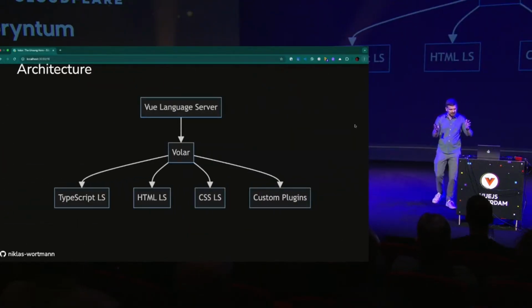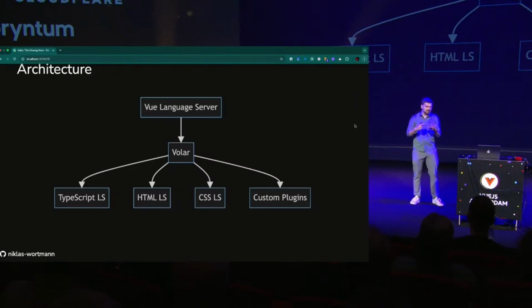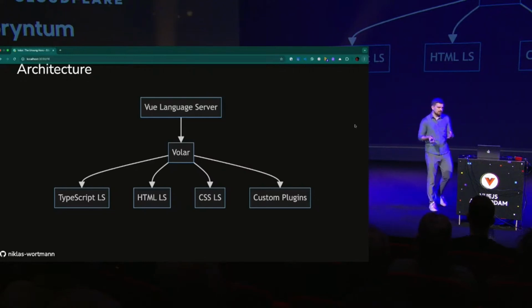So the way that the Vue language server now works, if you look at the implementation, it's very lean. It's literally just saying, hey, this is how you parse a Vue SFC, and then it divides all those files into HTML, CSS, TypeScript, and ships that to Volar, to the respective services. That's mostly it.